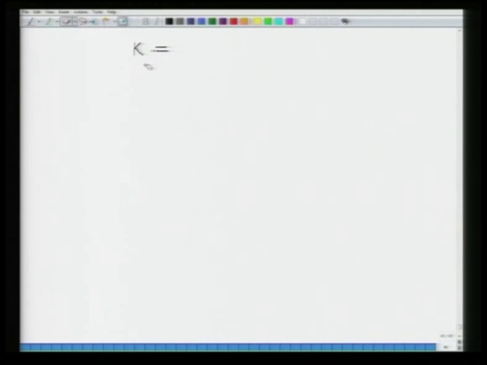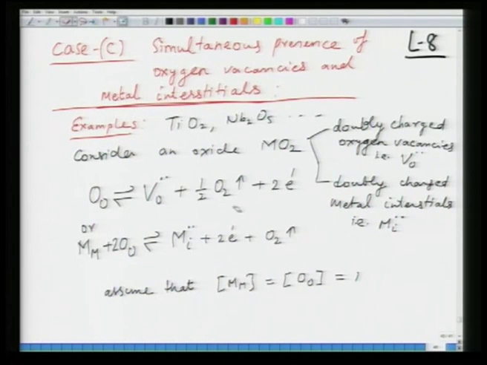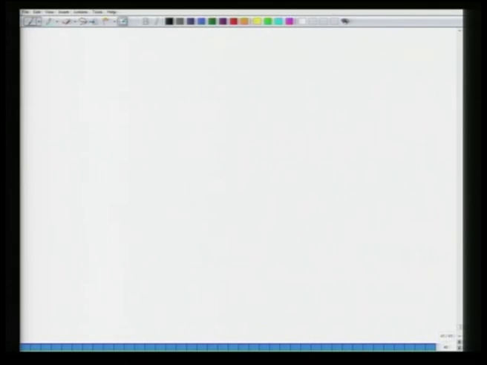Just to avoid the confusion, let us go to the previous slide. So, this is, let us say, reaction 1 and this is reaction 2. That makes it better. So, for reaction 1 we can write K1, and K1 will be equal to VO multiplied by PO2 to the power half multiplied by Ne square.